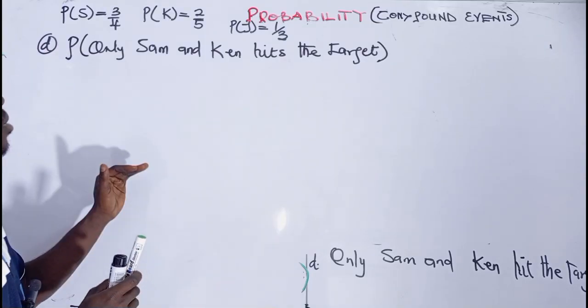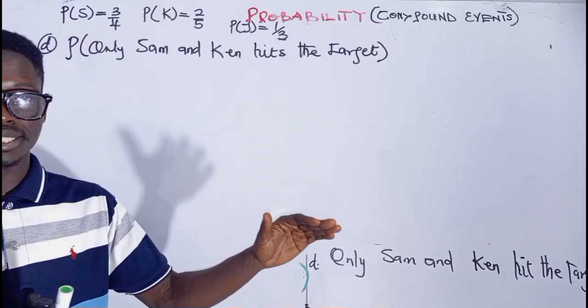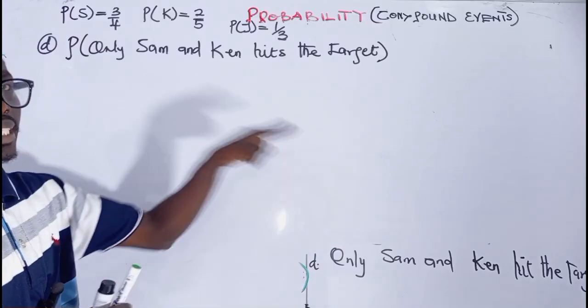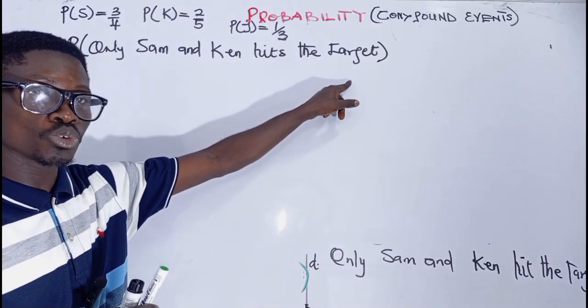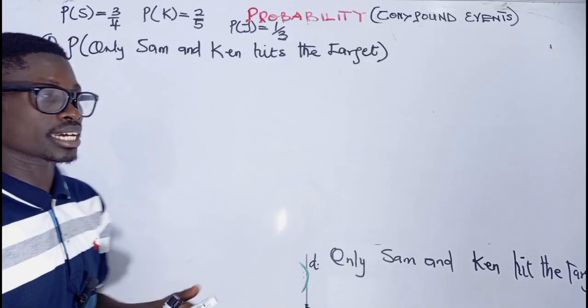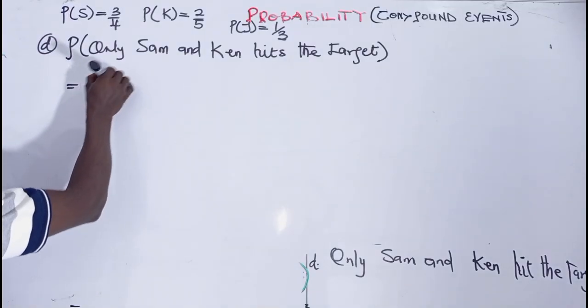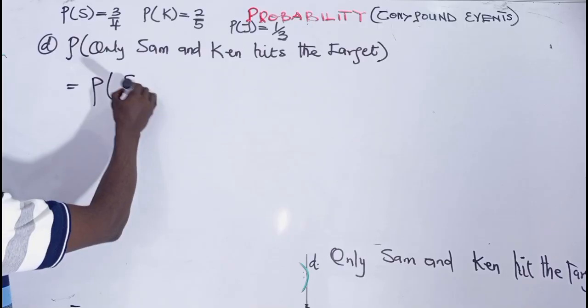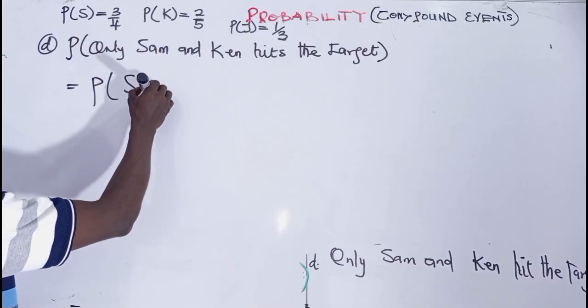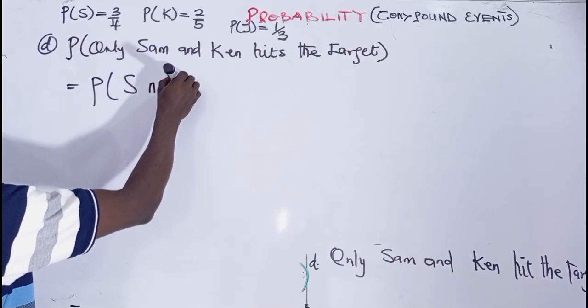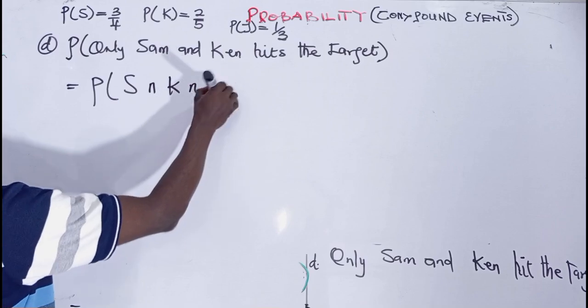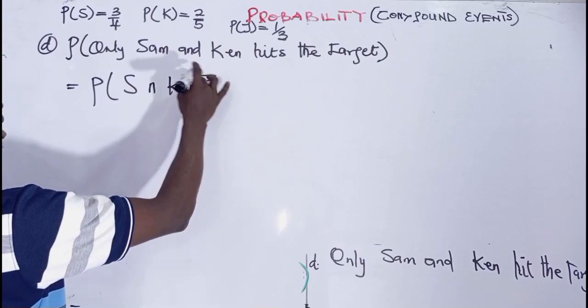And that's going to give you only Sam and Ken hitting the target. It means that these two people will hit the target and Jojo will miss the target. So we can write it as the probability that Sam will hit the target and Ken will also hit the target and Jojo will miss the target.